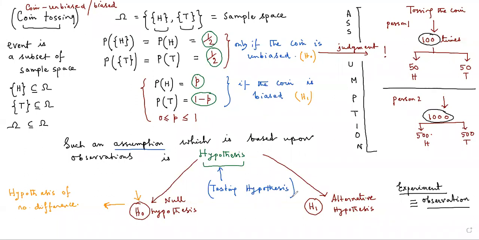Whatever we have learned throughout the last few modules will be used here and there in hypothesis testing. Okay, so hypothesis testing is a very important topic, and it has many practical applications in the real world. Okay, have you understood? Do you have any doubt?